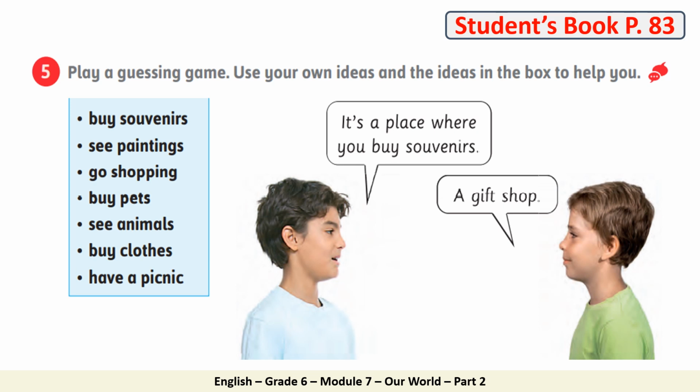And so where is this place? What is it? That's right, a gift shop. I'd like for you guys to pause the video one last time to think of questions or riddles or sentences using the prompts and then guess the place from your own ideas. Go ahead.